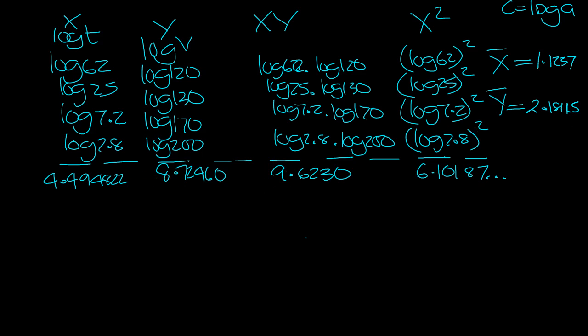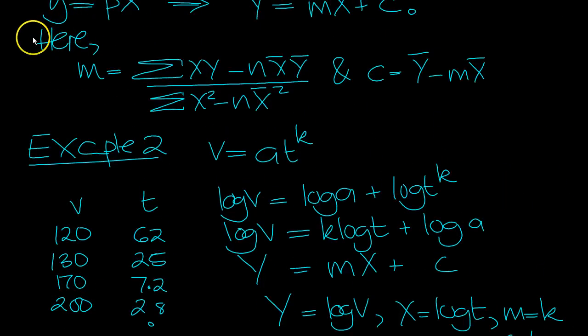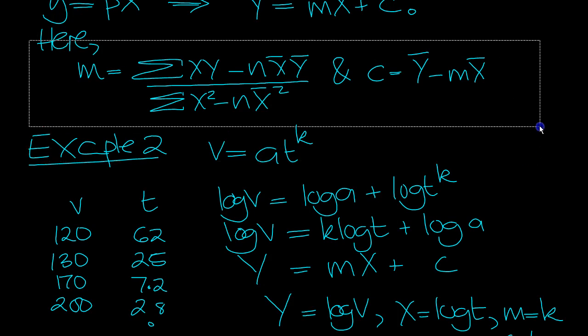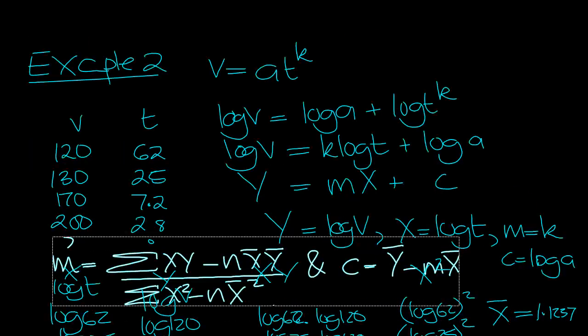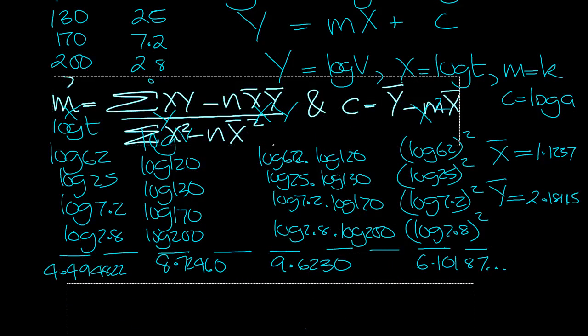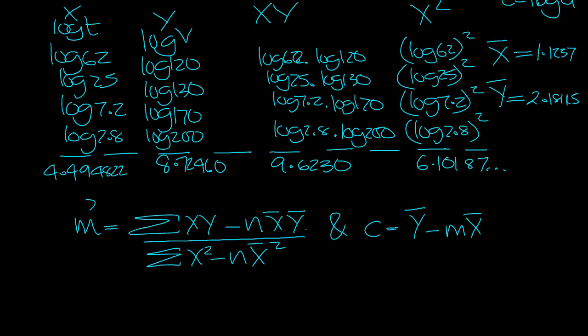Okay, so M then, let's get M. I'm just going to drag it down from its position up here and use that formula. It's here already then. So M, summation of xy's, which is this one here, 9.623, minus n, which is 4, so put the 4's in.